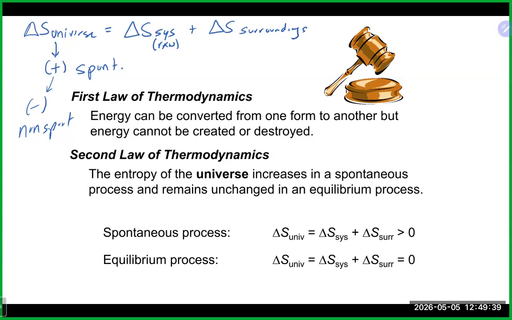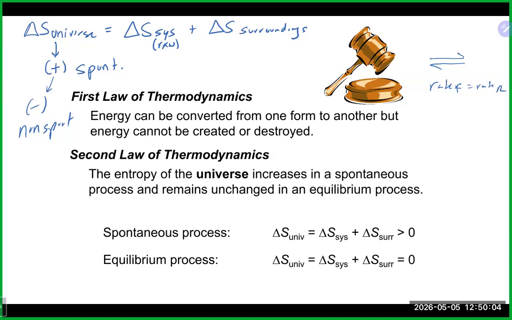It is unchanged in an equilibrium process because, as we know, in an equilibrium process, the rate of the forward direction equals the rate of the reverse direction, which means essentially everybody just gets locked into place. So there is really nothing changing in terms of disorder.